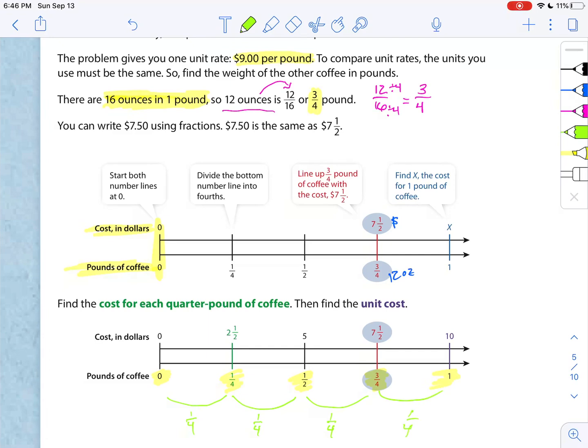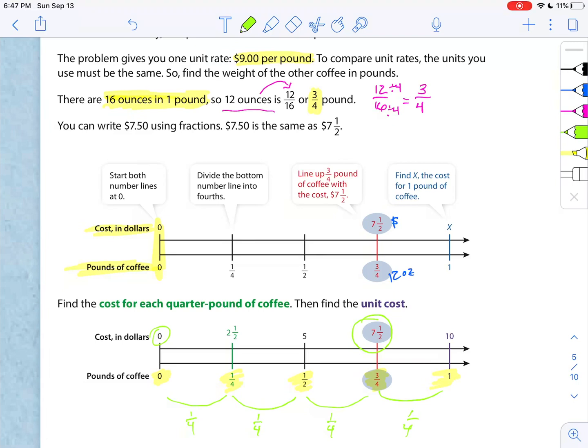Now let's take a look at the top. The top of our number line is the cost in dollars. So if you buy 0 pounds of coffee, it costs $0. And we already have what the problem told us. If we bought 12 ounces or 3/4 of a pound, that would be $7.50.